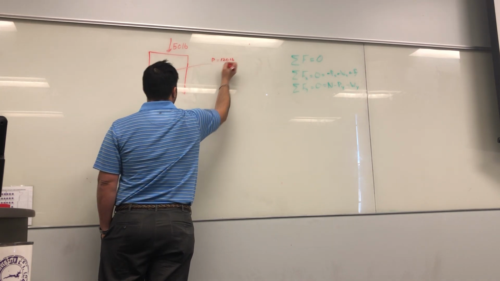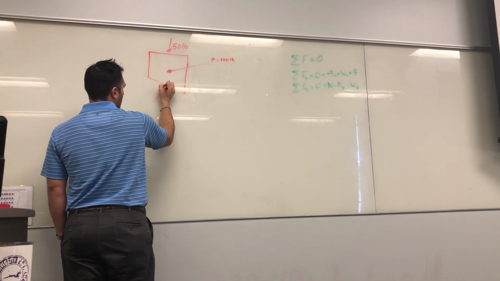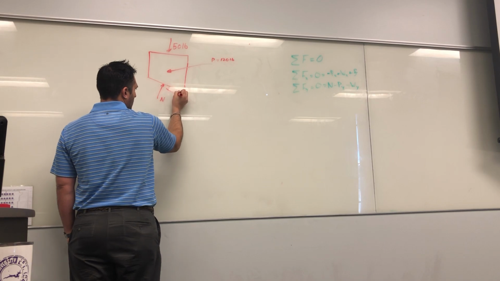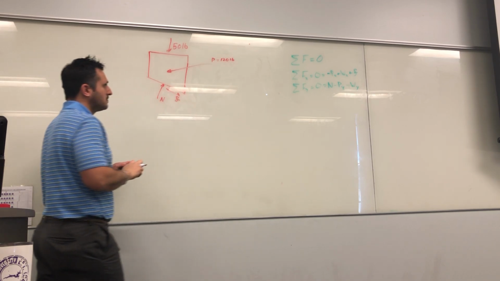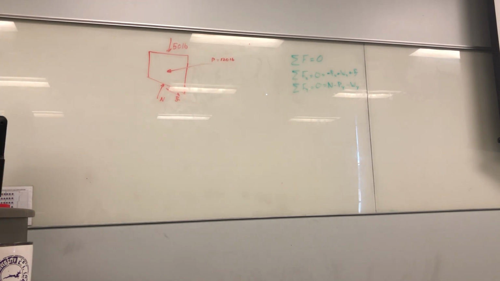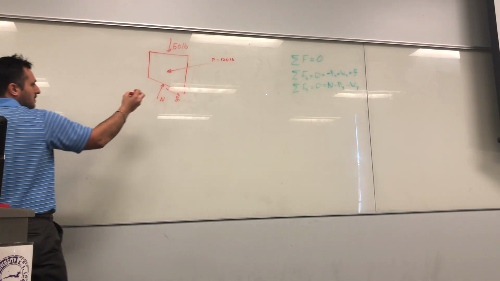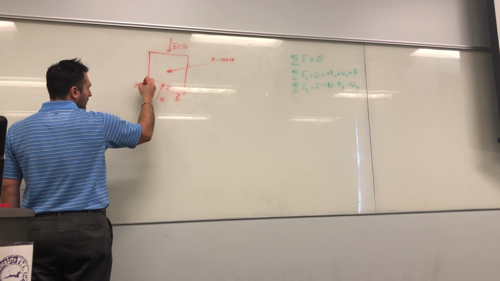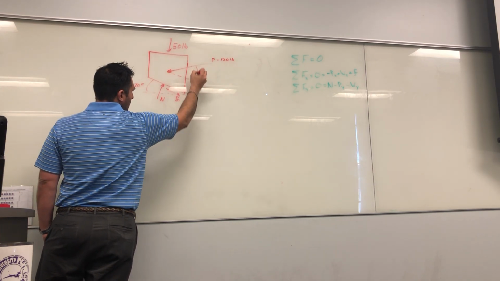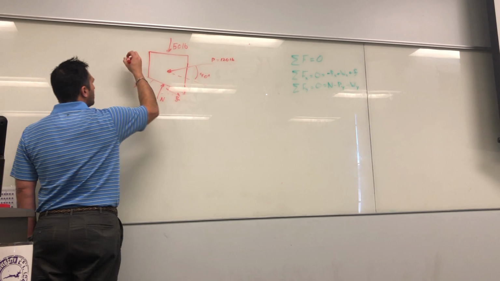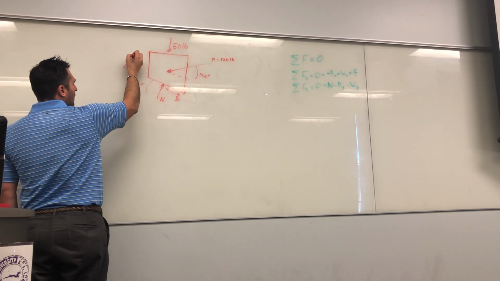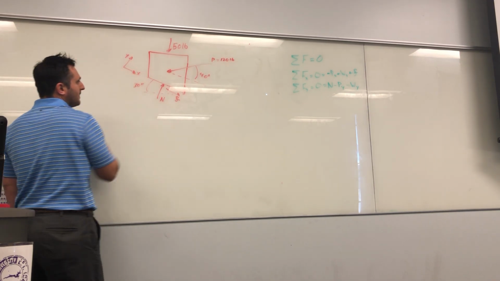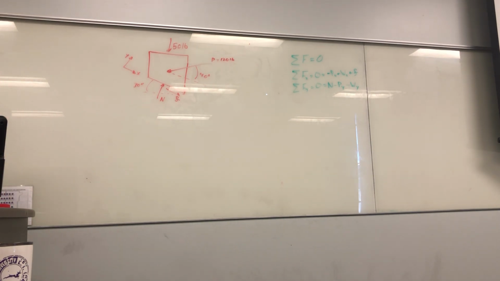P is 120. Normal, friction. Okay. So there we are. Oh, and I put my angles in, 30 degrees, 40 degrees. Y and x.